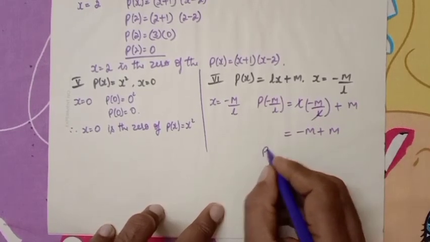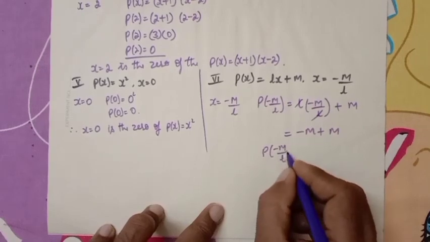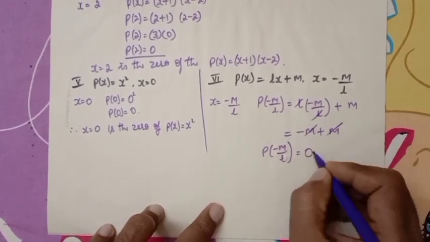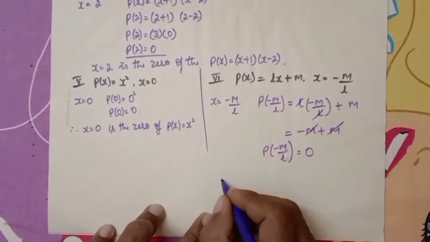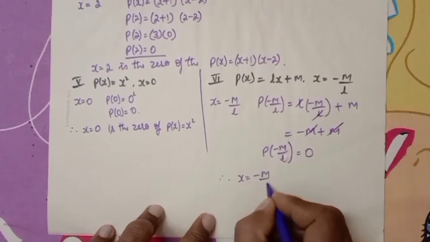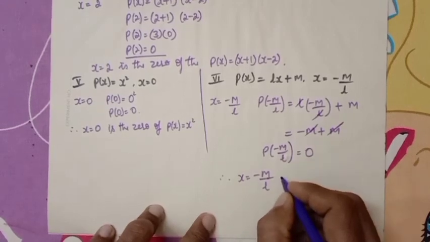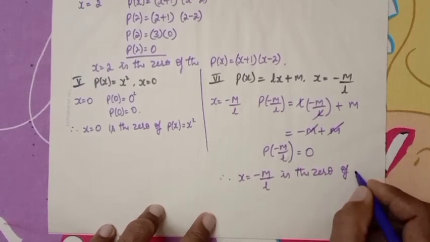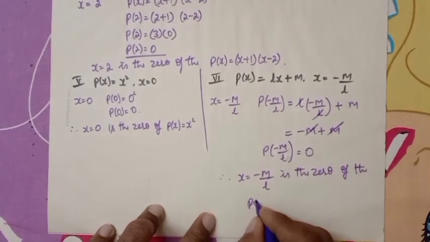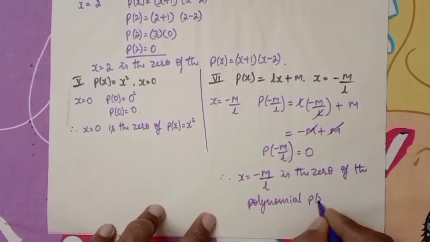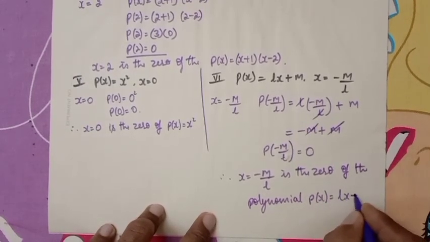So p of minus m by l is equal to 0, as minus m plus m cancels. So therefore x is equal to minus m by l is the 0 of the polynomial p of x is equal to lx plus m.